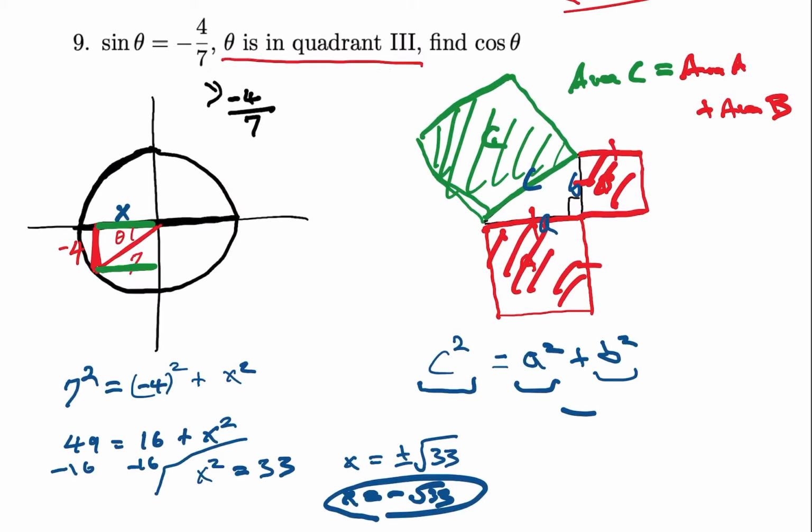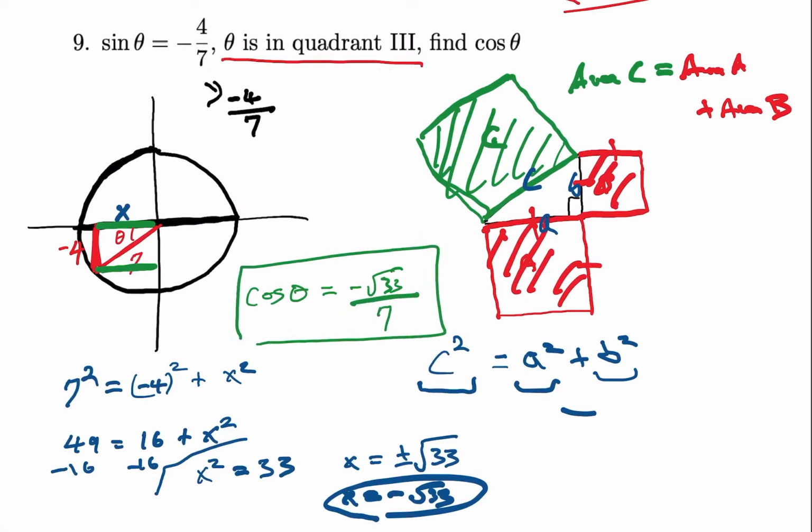So that means our final answer is cosine of theta, this angle, equals negative square root of 33 divided by the radius length 7. This is the final answer. So let me write it here. This is negative square root of 33.